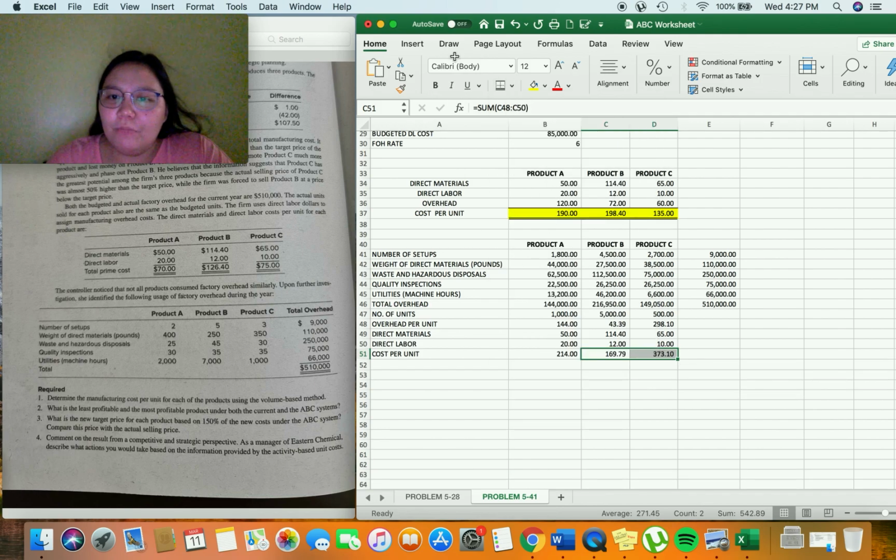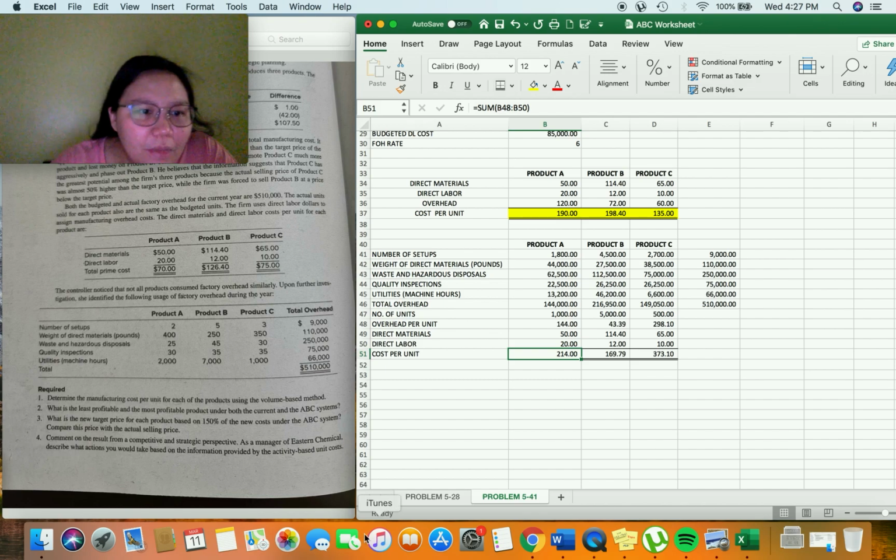So this is the product cost. Okay? Now, to answer the question, ano nga ba yung tanong sa atin? What is the least profitable and the most profitable product under both the current and the ABC system? Okay? So, when we talk about profitability, of course, it is not enough to look at the cost, diba?